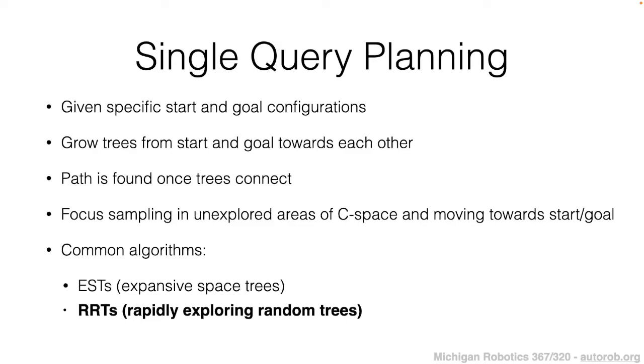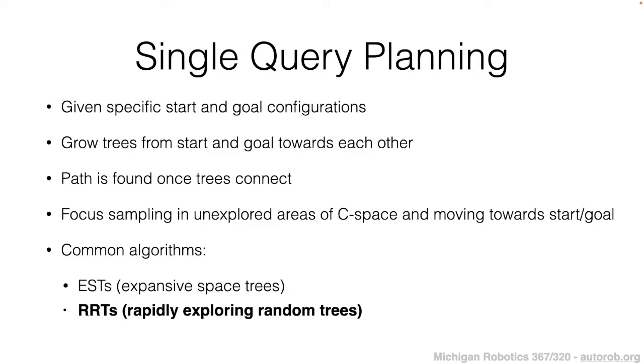Whereas in single query planning, we're not going to try and reuse our roadmap across different planning inputs. So in single query planning like RRT, our algorithm will be given a start and goal configuration, and we'll use that knowledge to construct the roadmap for that specific start and goal.